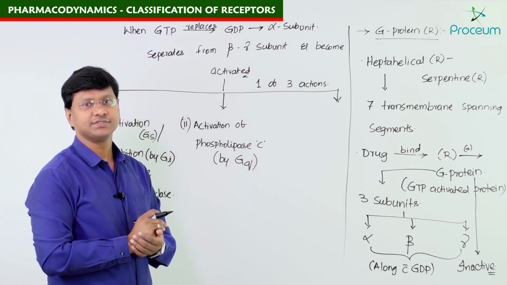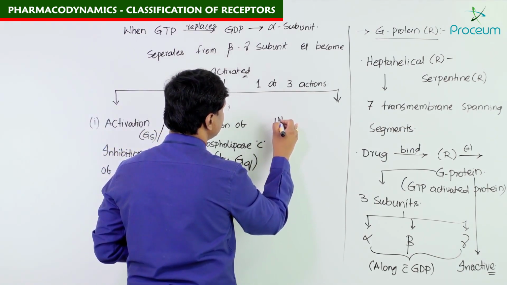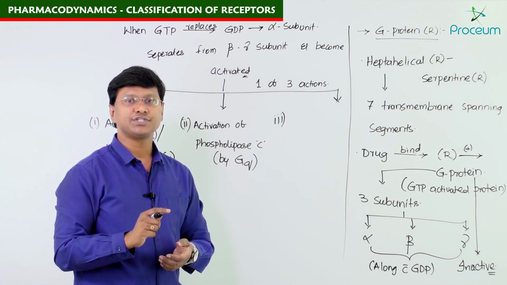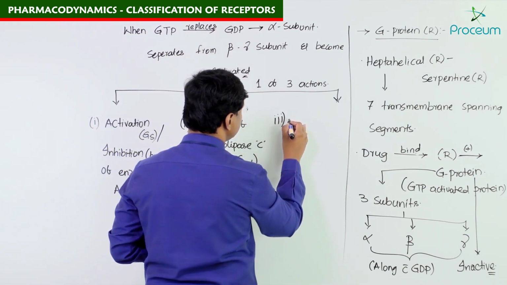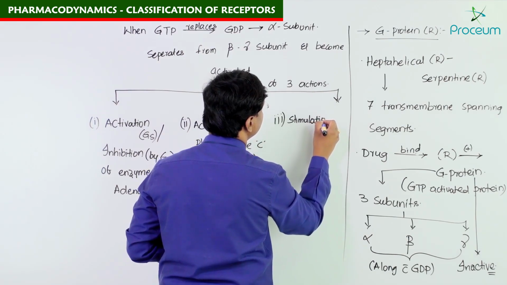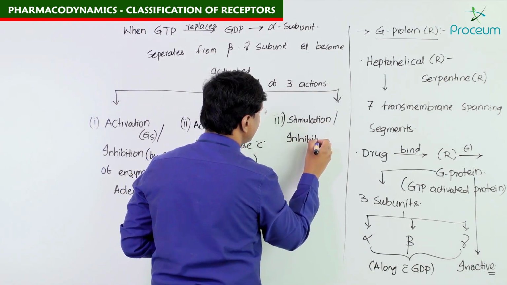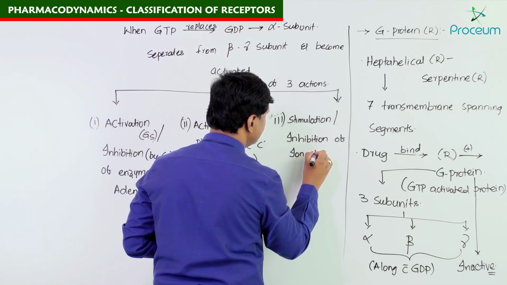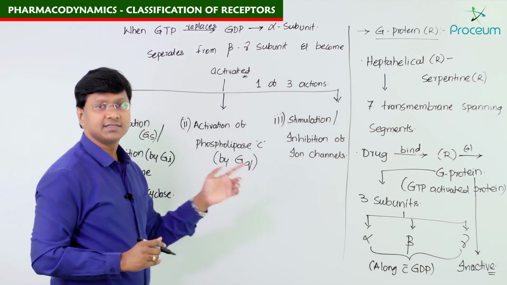Now take the third action. The third one is stimulation or inhibition of the ion channels. So that is the third action.